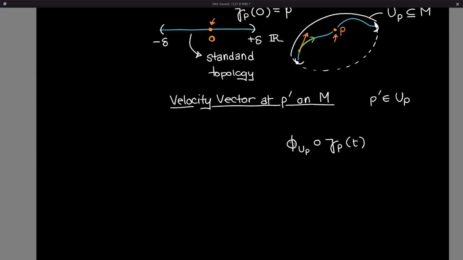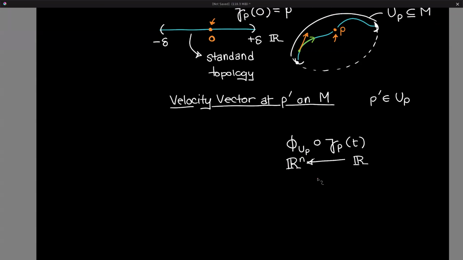So this is well defined, and it takes elements in R, really elements between minus delta and plus delta. This is a little bit awkward, since the way we write functions is the other way around. So this is the input, this is the output. The output is in Rn, where n is the dimension of the manifold.